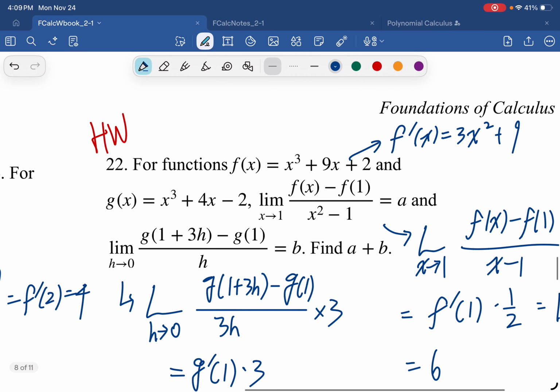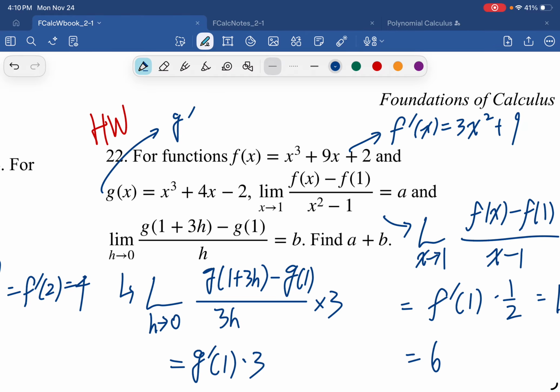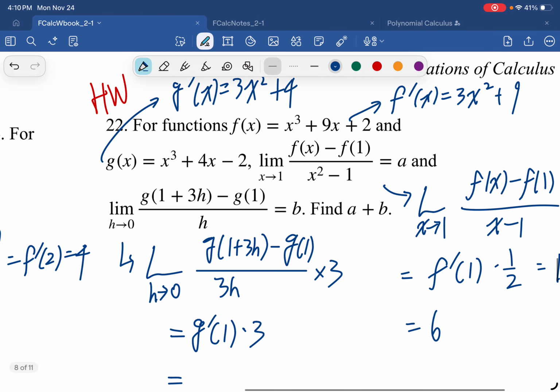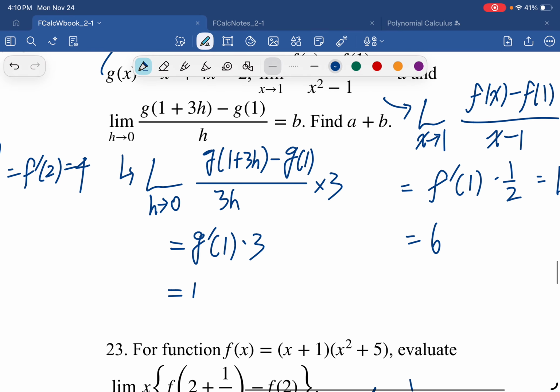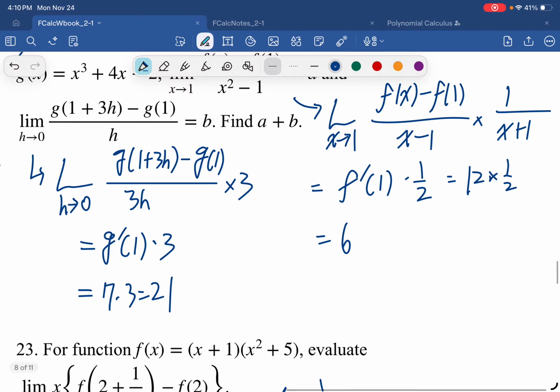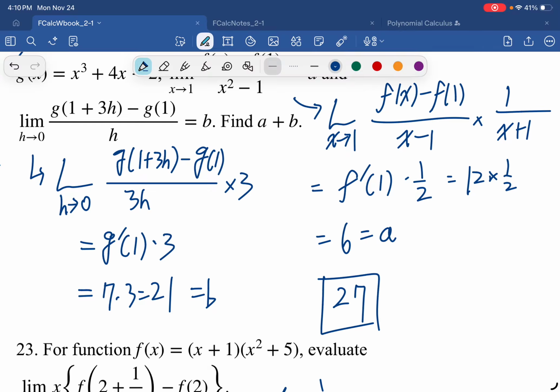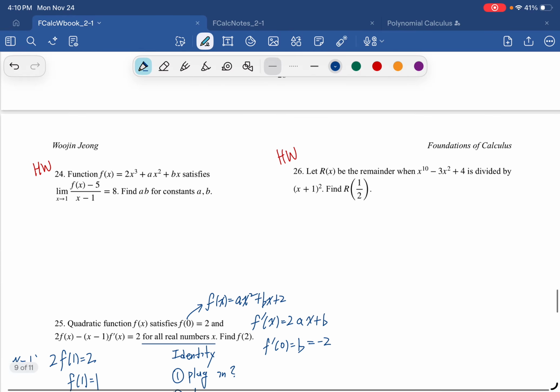So g prime of x would be 3x squared plus 4. So g prime of 1 would be 7. 7 times 3 equals 21. And find a plus b, so that's 21 plus 6, which equals 27. So that would be your answer for number 22.